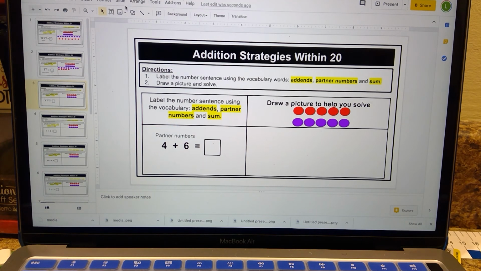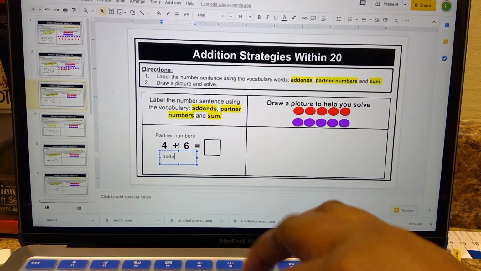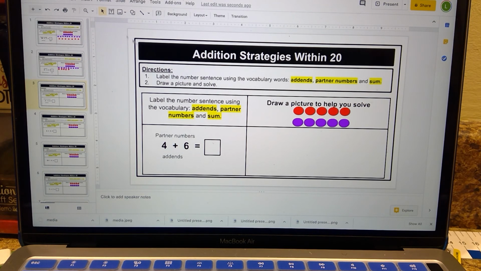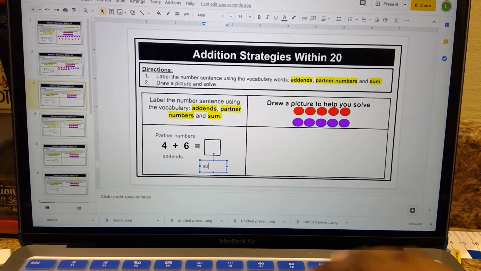So I'm going to put partner numbers there. And then I'm going to add addends here. And my final one I'm going to do is write the word sum.